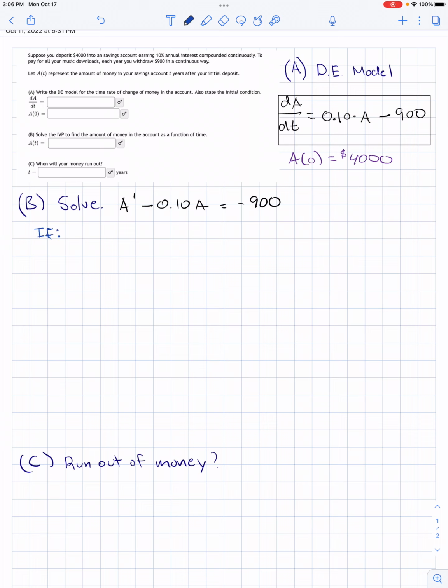to solve this. And the integrating factor is going to be e to the integral of what's in front of the A term, and that is negative 0.1, which I'm just going to write as negative 1/10.